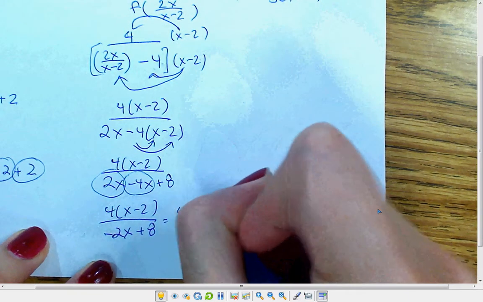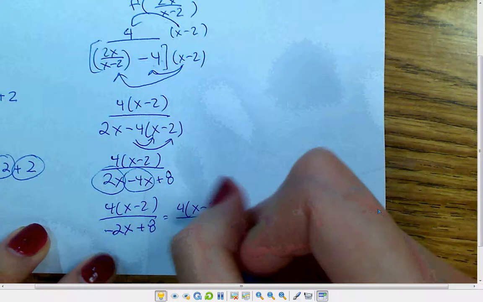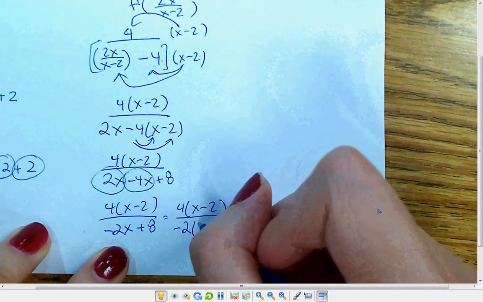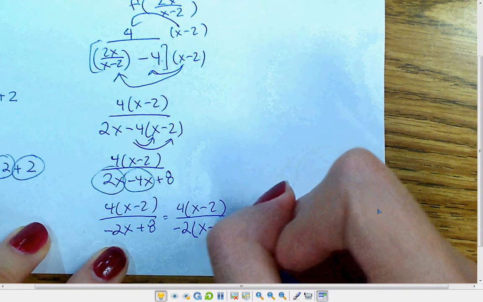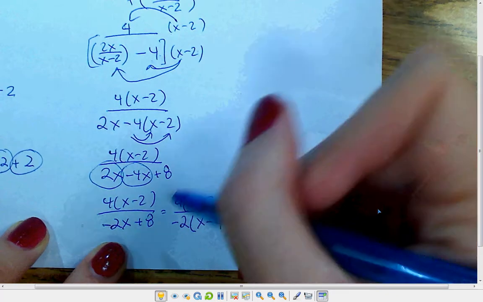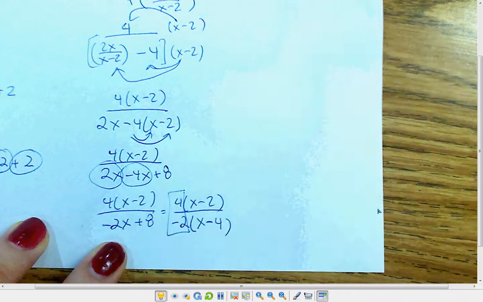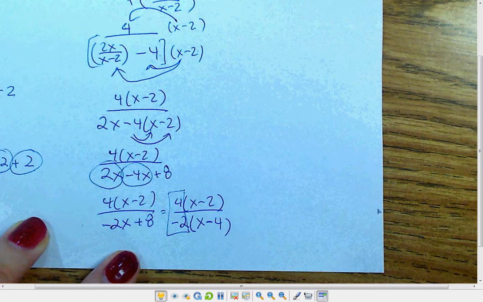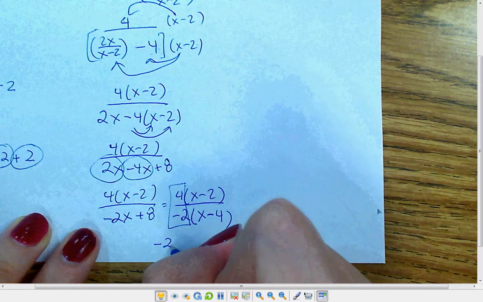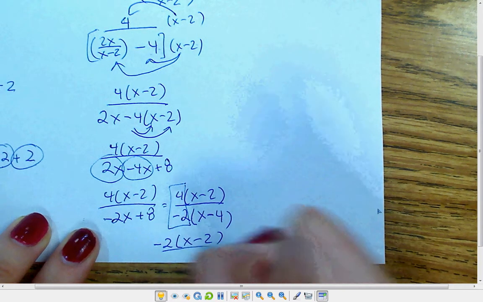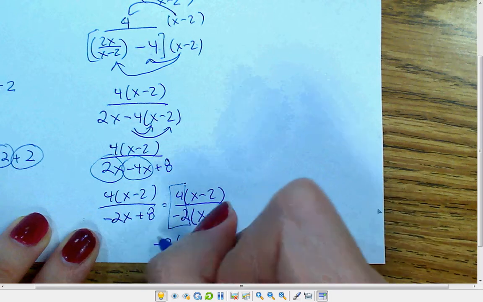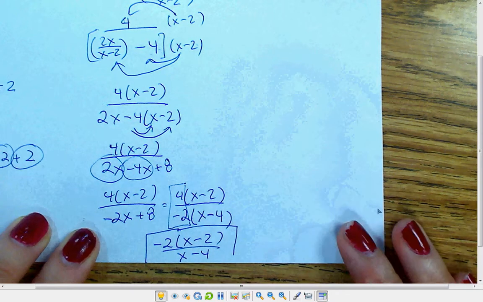So my top one is already factored out. I can take a negative 2 out of the bottom. So this is now x minus 4. And I can simplify these numbers out here. So 4 divided by negative 2 is just negative 2 times x minus 2 over x minus 4. And this is my final answer.